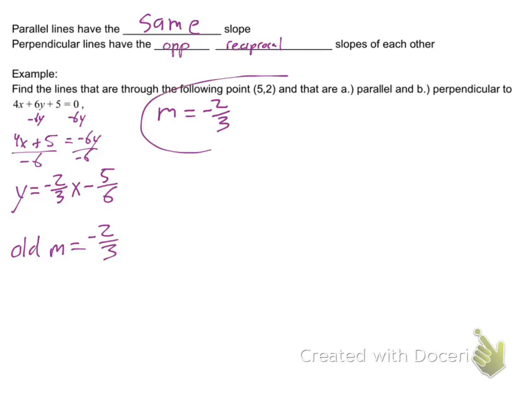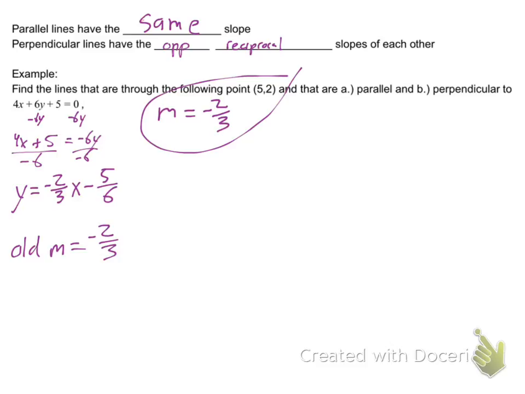And I'm using 5, 2 as my point. Now, it doesn't tell me what form to put it in, does it? So what are you going to default to? Slope-intercept. You guys are most comfortable graphing slope-intercept form. Let's just stick with slope-intercept form.